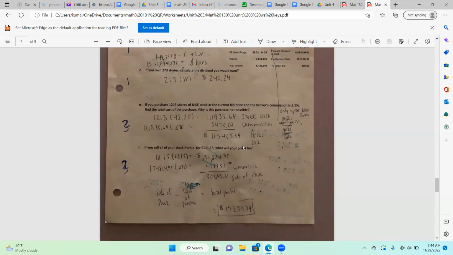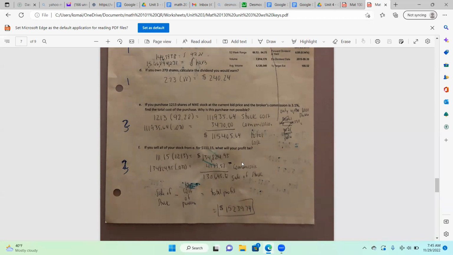If you sell all of your stock from Part E and it sells for $111.15 per share, what would your profit be? So we have to sell the stock, figure out the commission, and subtract that commission value. The sale of the stock nets us $130,645.38.